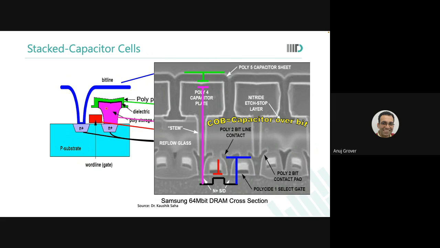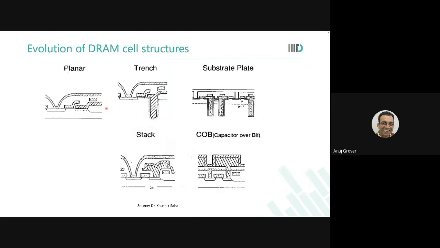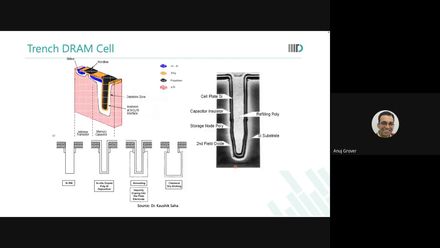That's the connection. That's like a via. That's the connection that you have from the bottom thing to up there where the capacitor is, nothing else. So multiple different kinds of capacitors have been used, and trench capacitors have been very commonly used.